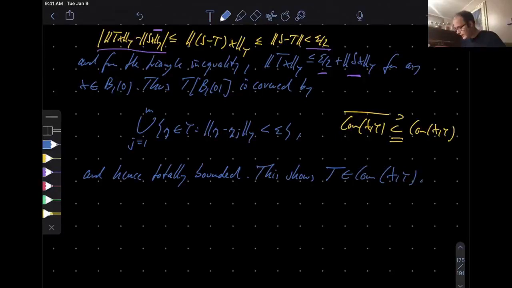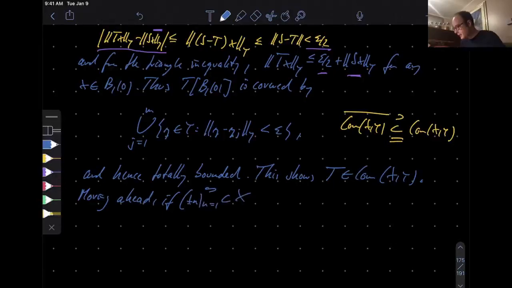Now comes this ideal property. So if you hit it from left and right with bounded linear things, then you're still not going to leave that subspace. So moving ahead, this is now the third property. We are again going to play around with sequences rather than balls that cover the images.